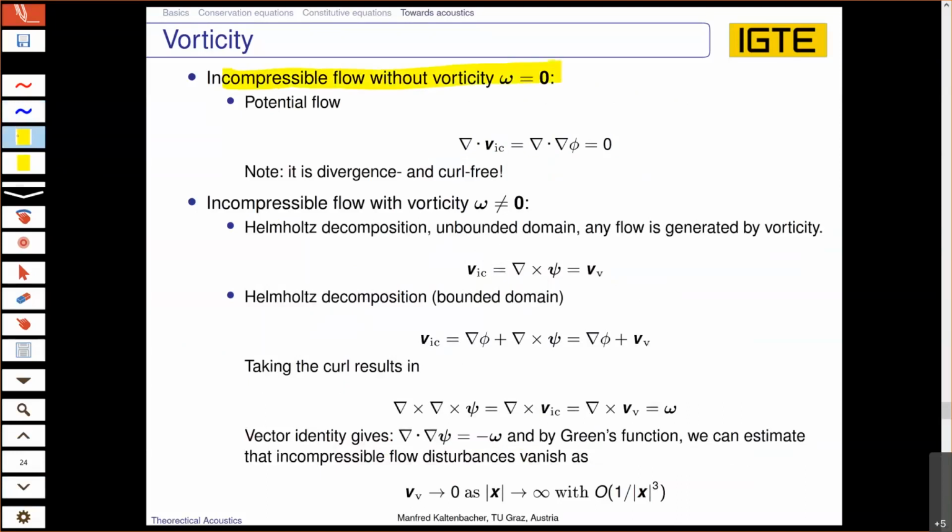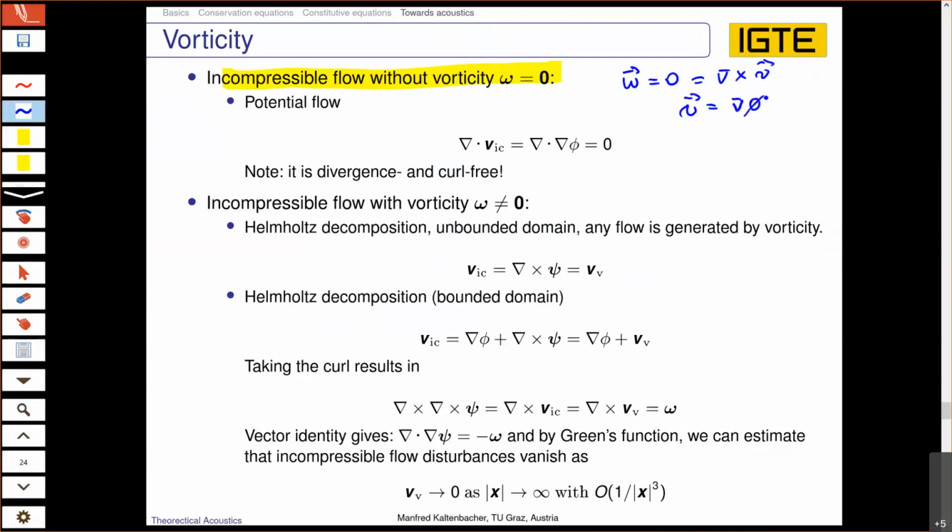Yeah. Don't forget the following: if omega is equal to 0, it means that the curl of the velocity is equal to 0. Now, if the curl of the velocity is equal to 0, you can rewrite the velocity as the gradient of a potential.